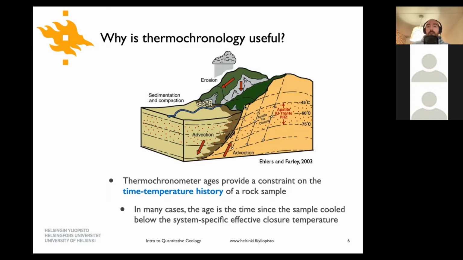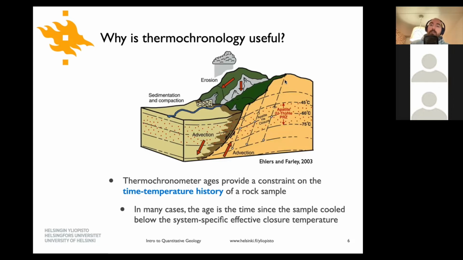But here you can see also that this is an extensional fault in this little cartoon. So there would be exposure that's also driven by tectonic activity. By this fault slipping down, you're exposing rock that was covered by the hanging wall before, and that rock would then also be exhumed. So we're bringing rocks up to the surface in two different ways in this case.